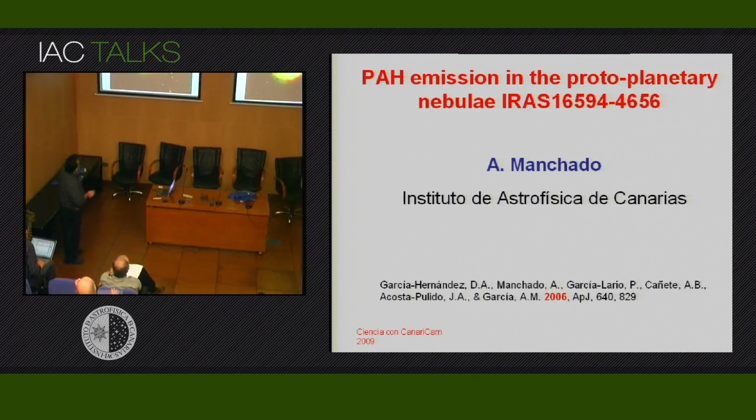What we aim to study is when this AGB phase stops, the nebula, having started the ionization, is just 100 years old, something like that. This is the same in H2, and we see here the contrast between the planetary nebula, which is this part, and the AGB shell. This is excited H2.